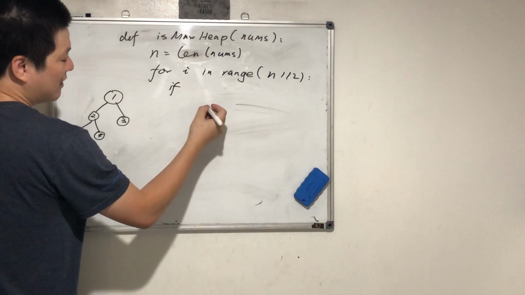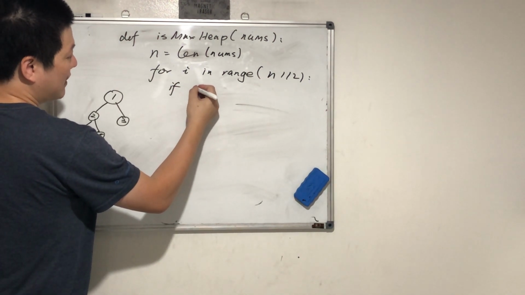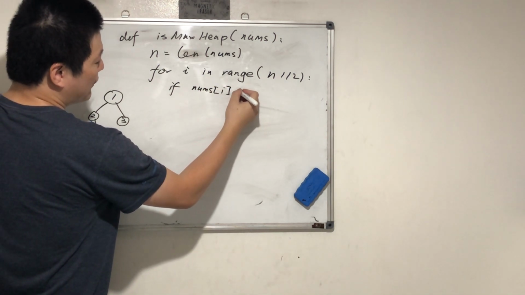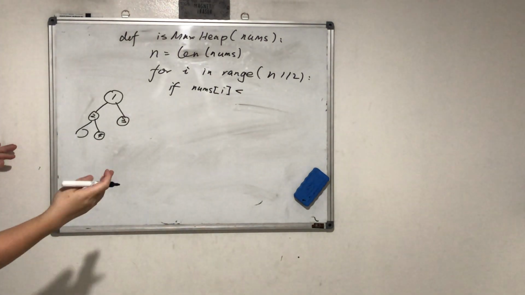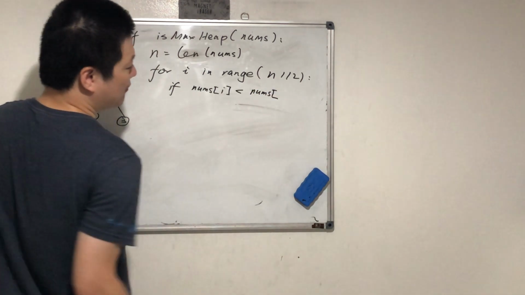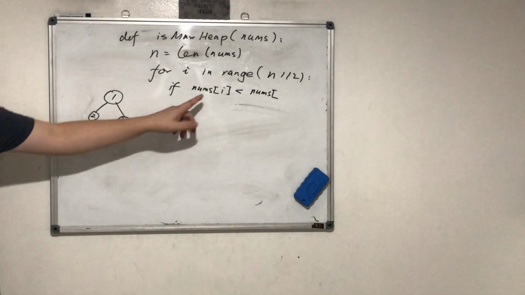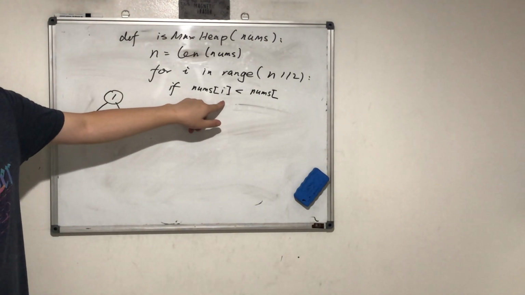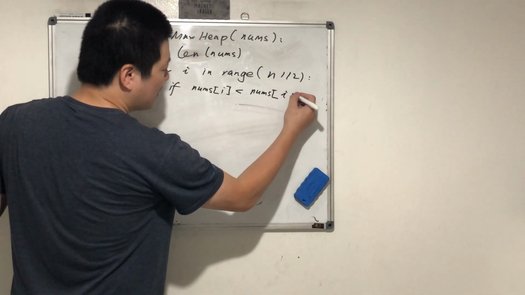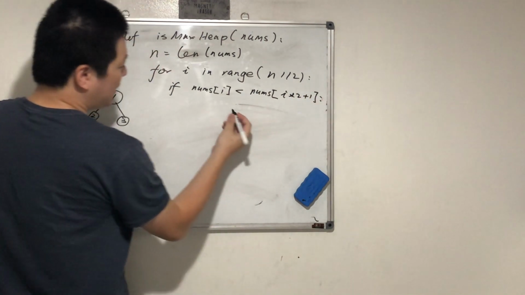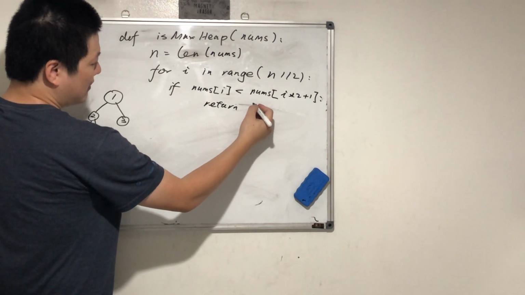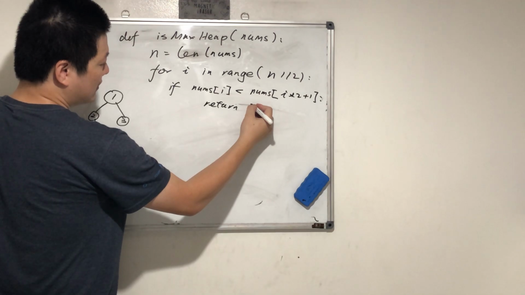Then what? If nums[i] is smaller than nums of the left child. What's the left kid of i? Times 2 plus 1. Then we return false.